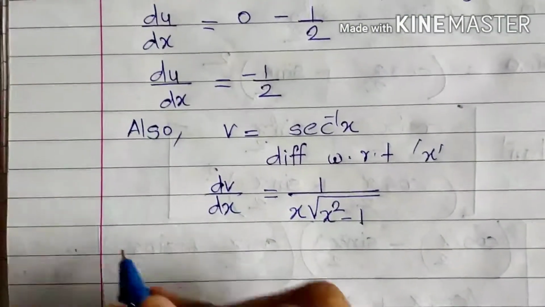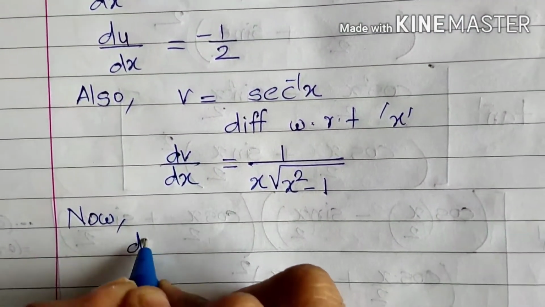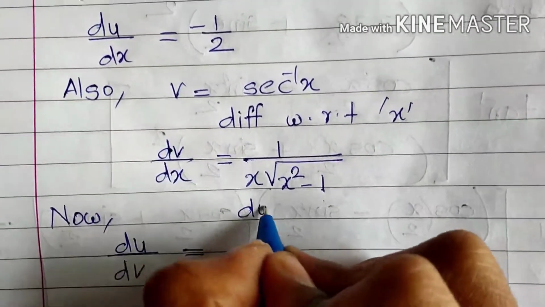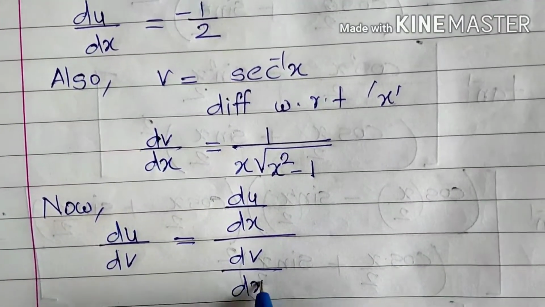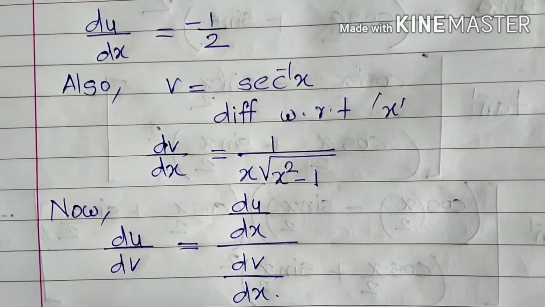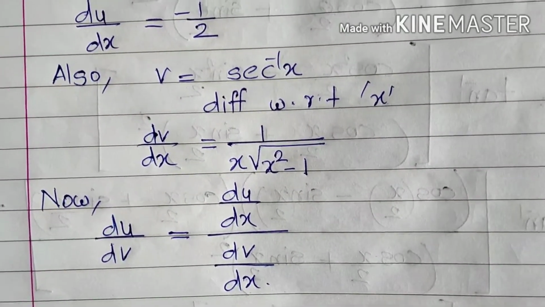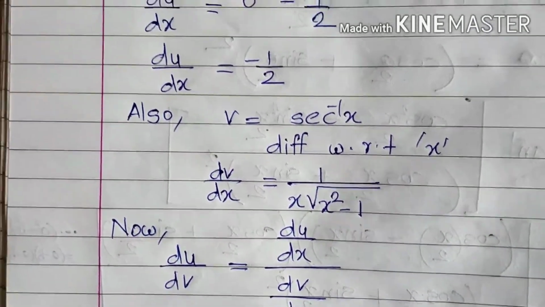Now we have to find du upon dv. So du upon dx upon dv upon dx. Put these values. Value of du upon dx is minus 1 by 2 and this is 1 upon x under root of x square minus 1.